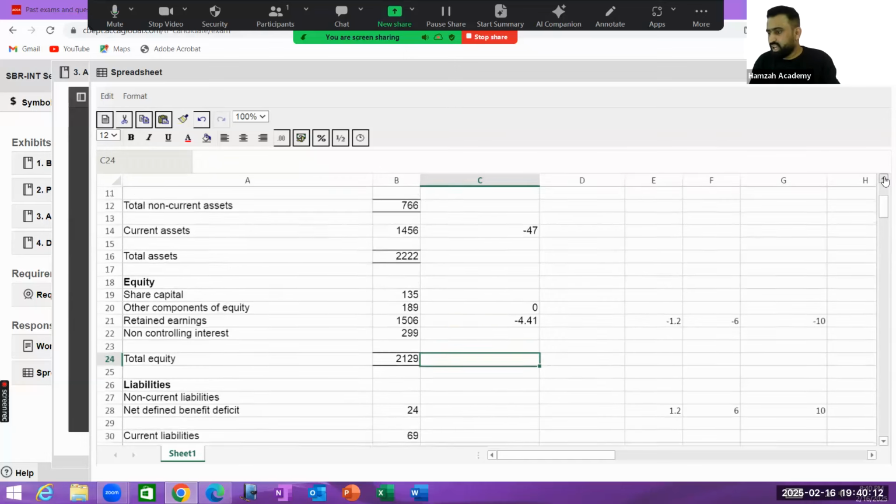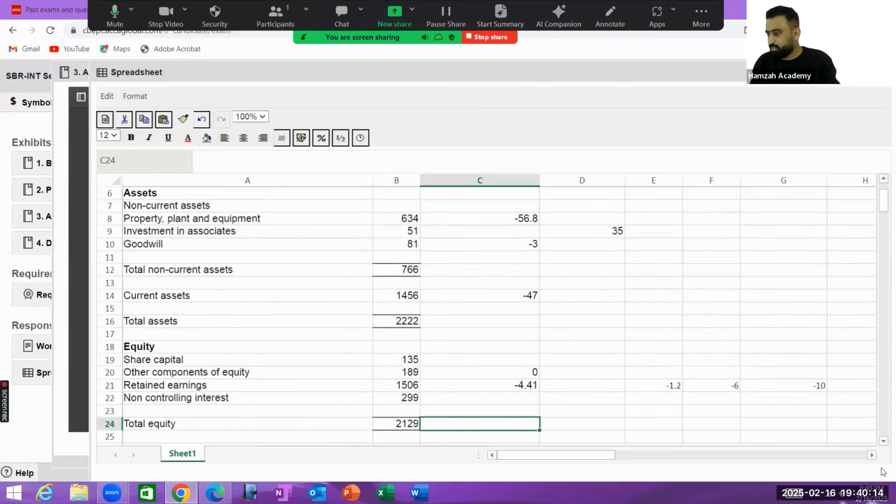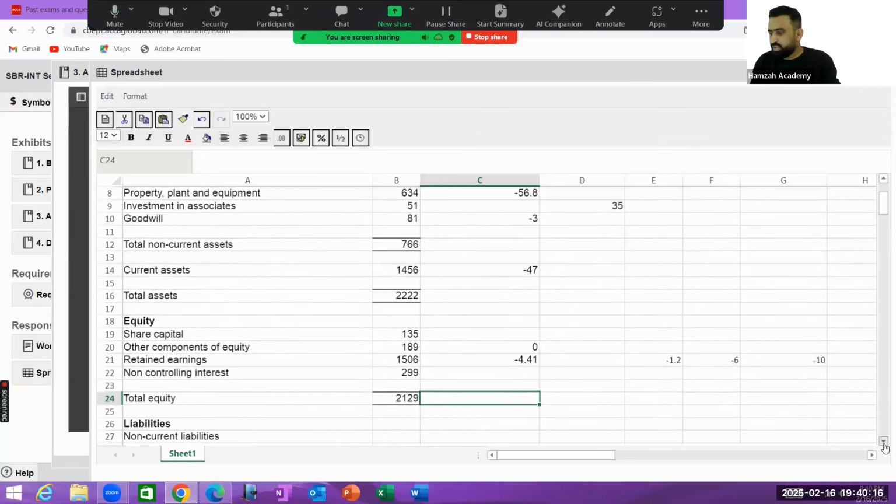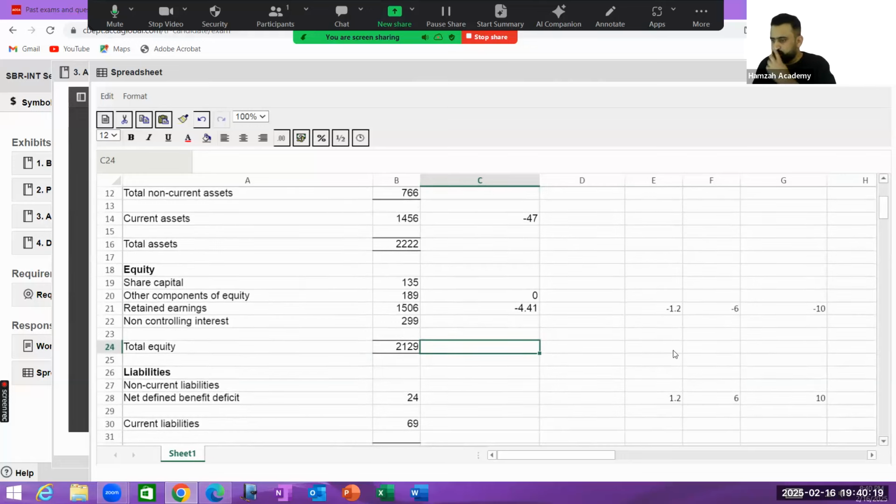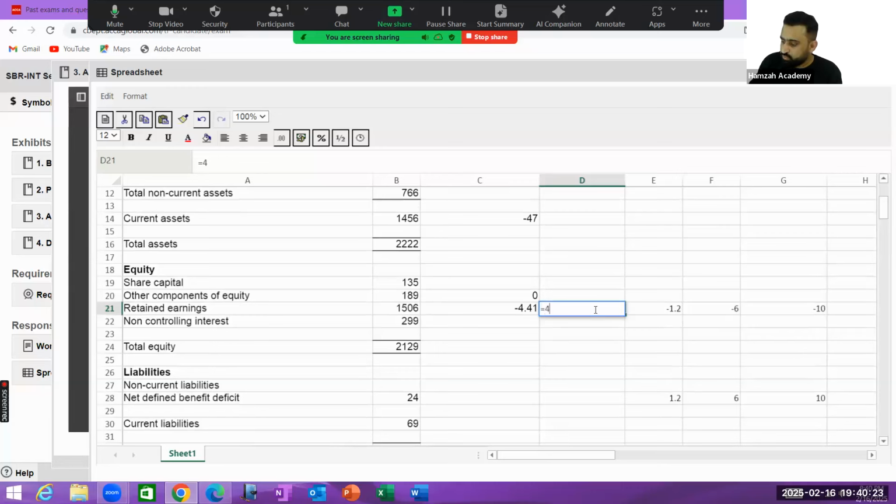But at the same time, this B company is our associate company, so share of post reserve needs to be recorded, which will be the same 4.41.